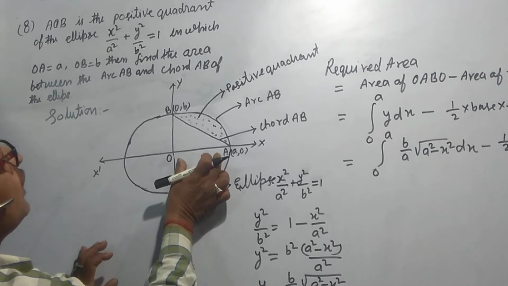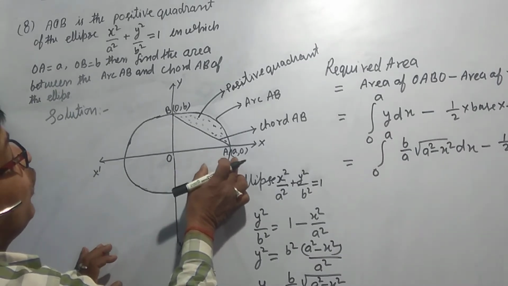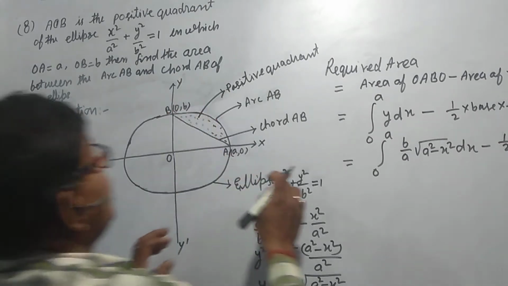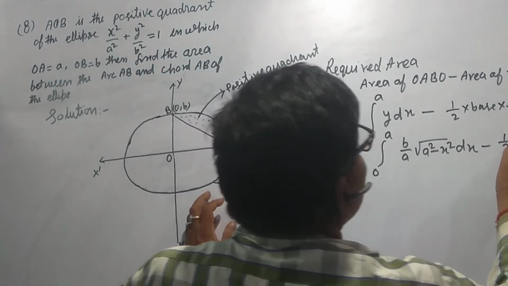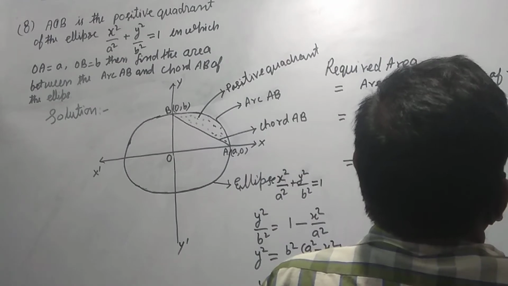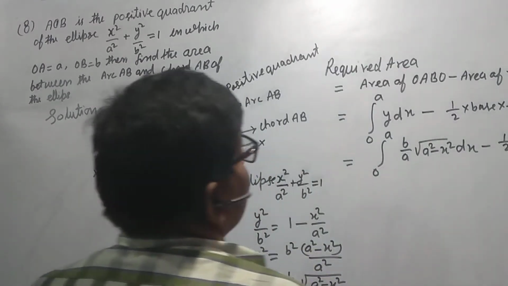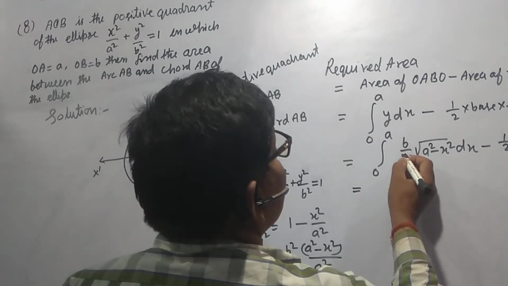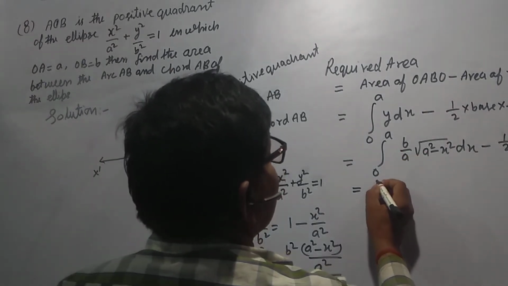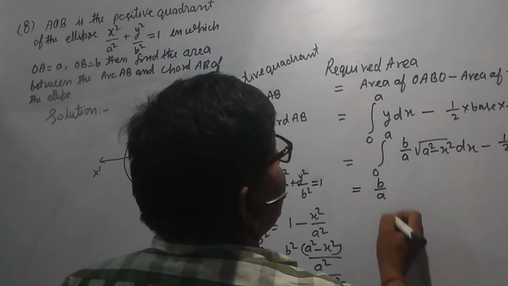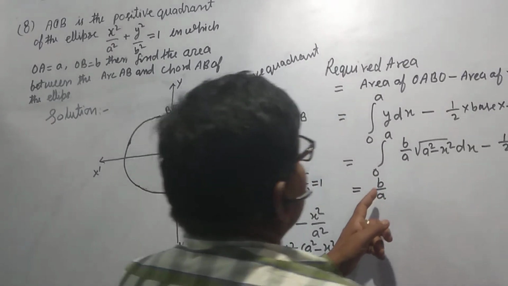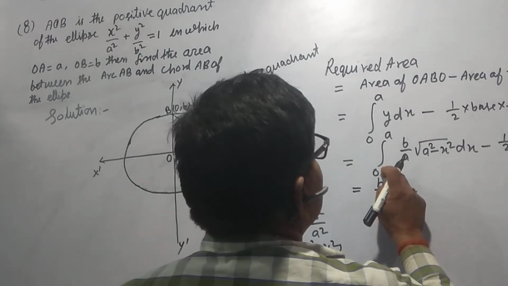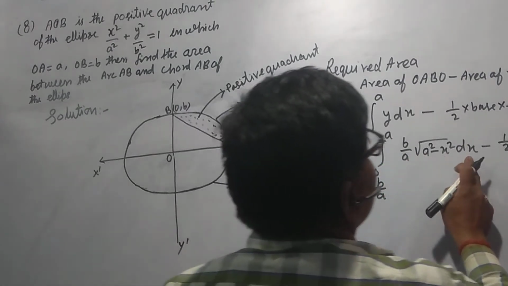Base is OA, which is a, and height is OB, which is b, so 1 by 2 base into height is 1 by 2 a into b. Now b by a comes outside, with the integration of under root a square minus x square dx.